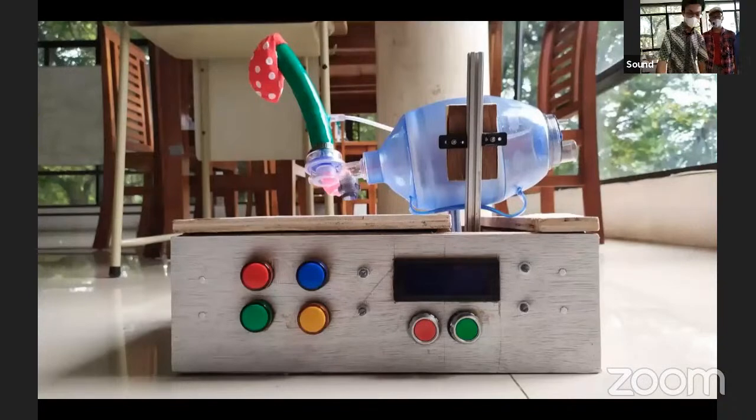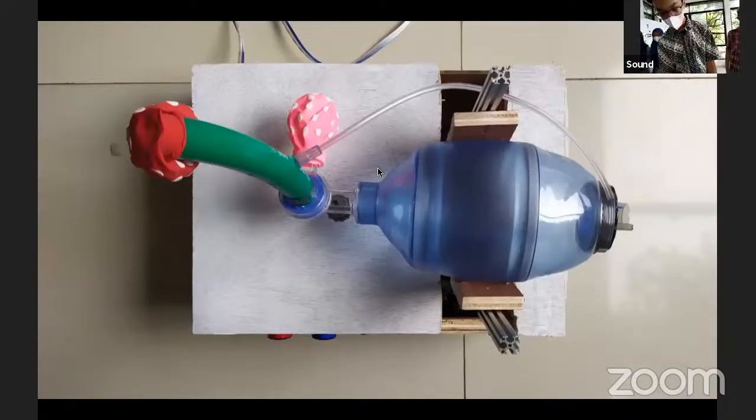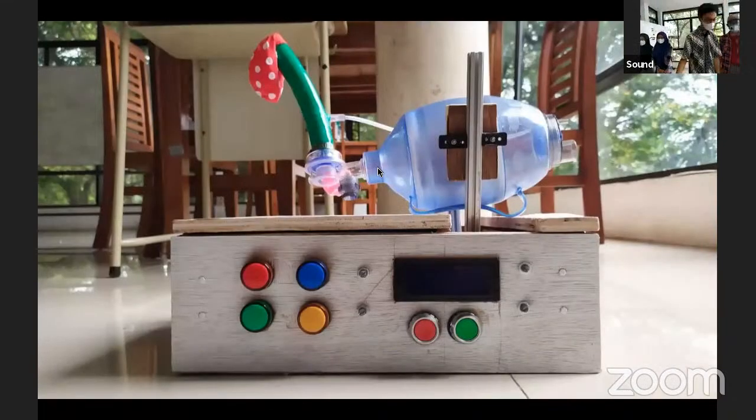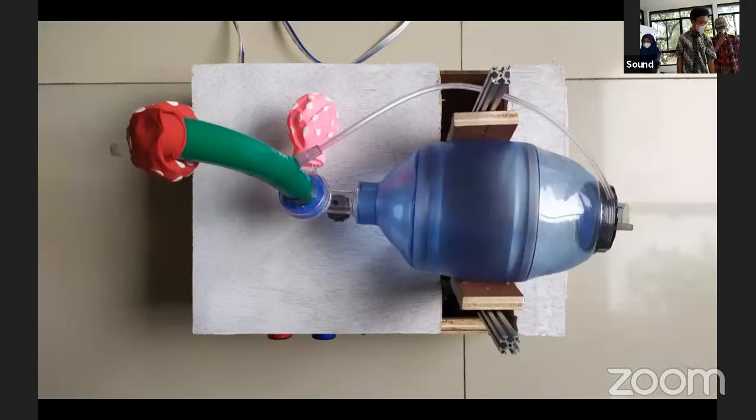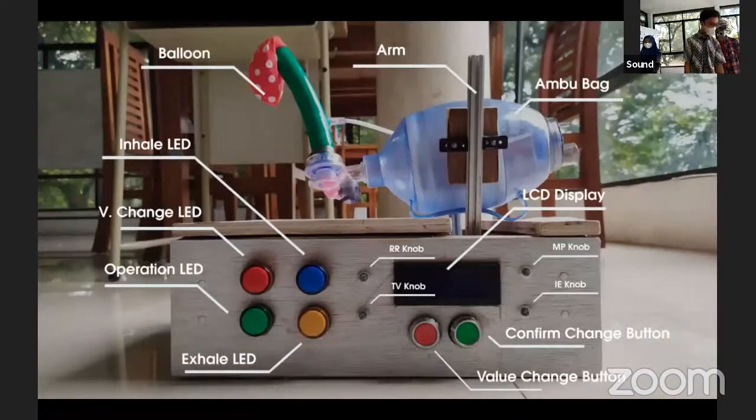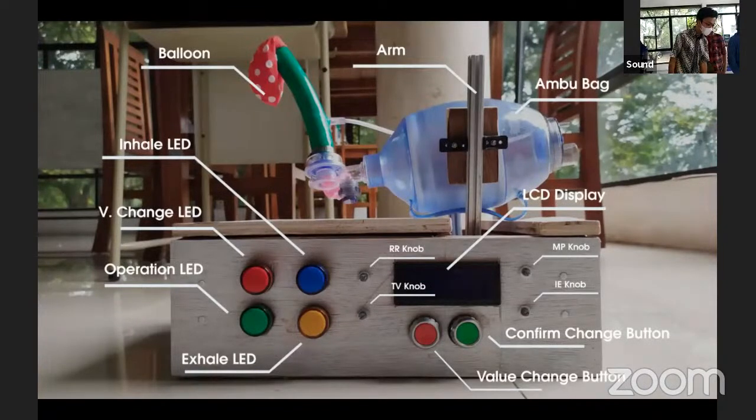Focusing on this ventilator we showed you earlier, it has many components. The first is the balloon, which represents the lungs of a human.